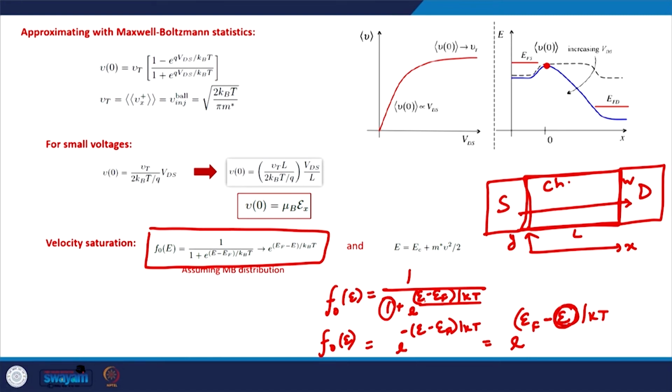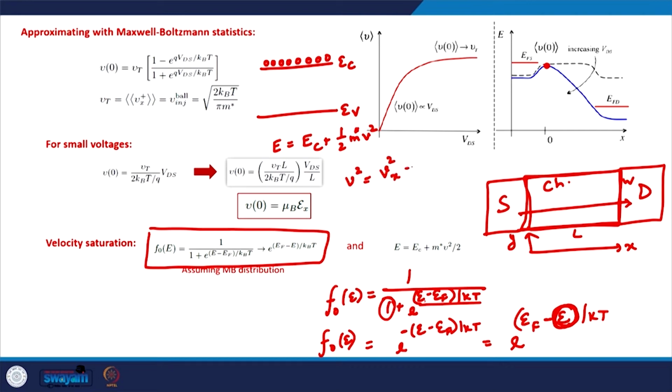This is the total energy of the electrons, and if we draw the bands, this is the valence band, this is the conduction band, and the total energy of any electron that is sitting in the conduction band is E equals EC plus half m v square, where this m is m star, the effective mass, and v is a 2D velocity, so it can be broken down into its components. So v square is vx square plus vy square.